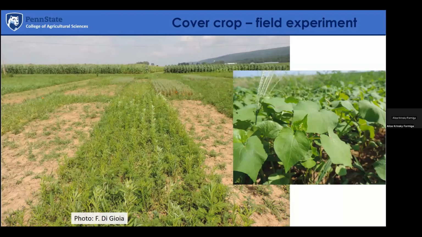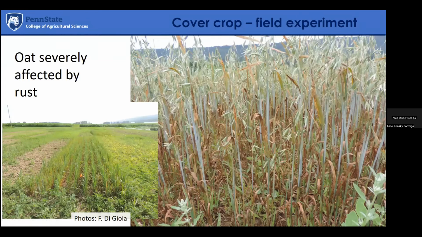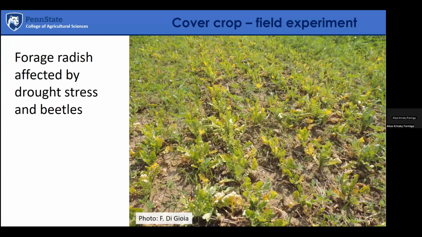In particular, you can see here some pictures. This is buckwheat. Over here is sunn hemp, and sunn hemp did okay, but it was not outcompeting weeds, so weeds were an issue. At the same time, oat was doing very well. It was suppressing all the weeds, but to a certain point it was severely affected by rust, and so it declined pretty quickly.